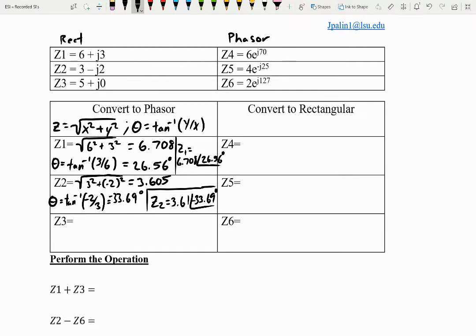For this last one here, notice we have 0. So 5 squared plus 0 squared just gives us 5. The 0 doesn't do anything for us. So then theta is equal to tangent inverse of 0 divided by 5.